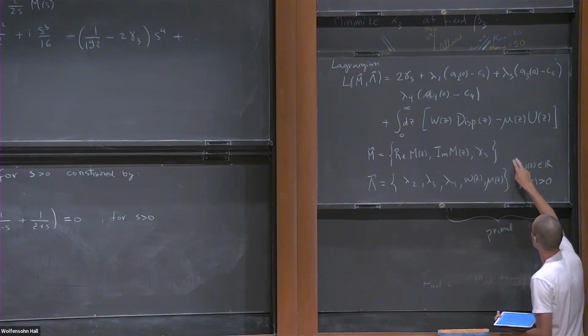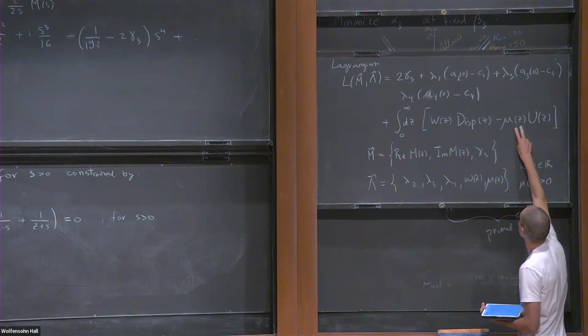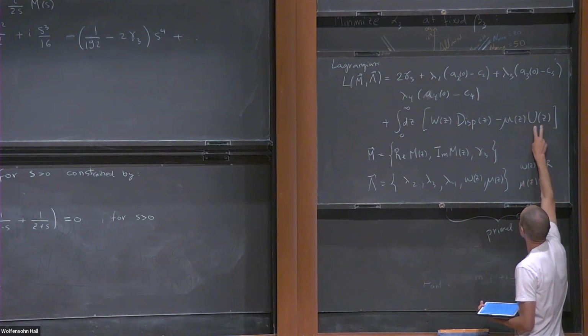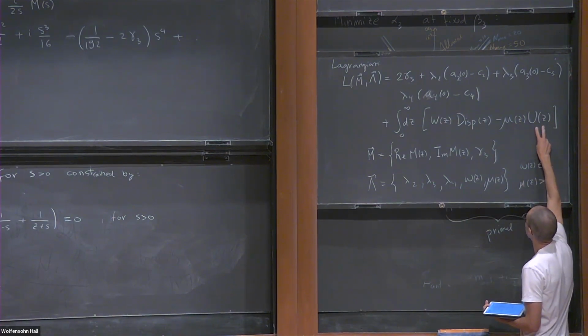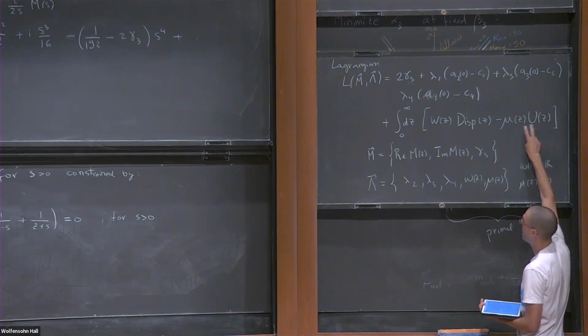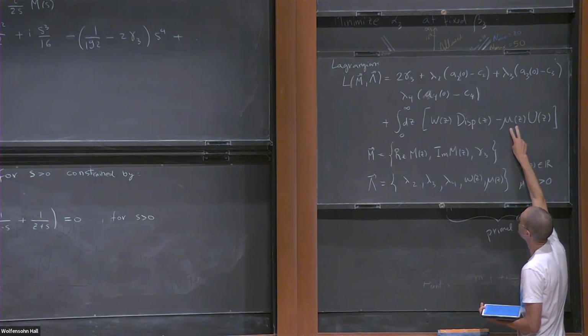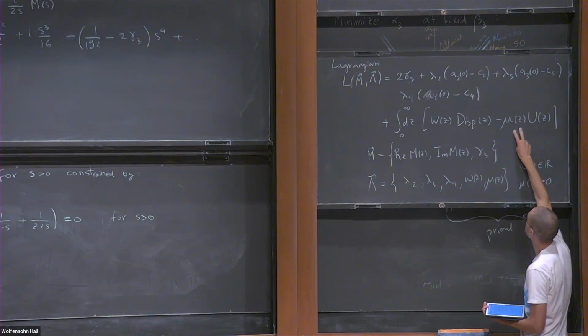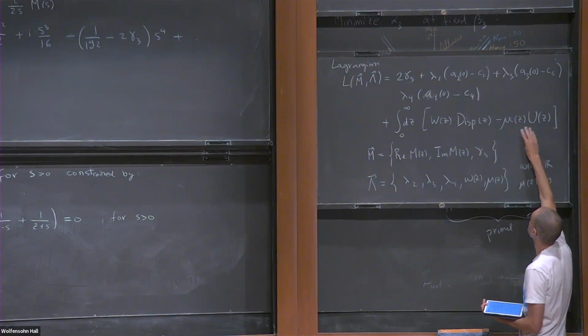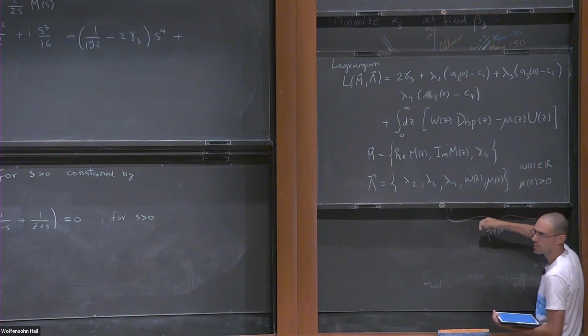And then maximizing with respect to mu. So let's see if I get this right. If u was negative, then maximizing with respect to mu would be infinity, right? But for u positive, maximizing with respect to mu is just setting mu to 0, so this term drops out.